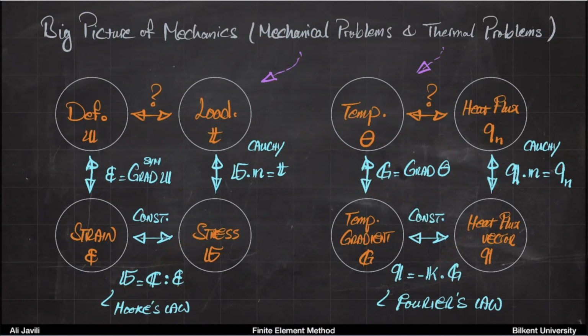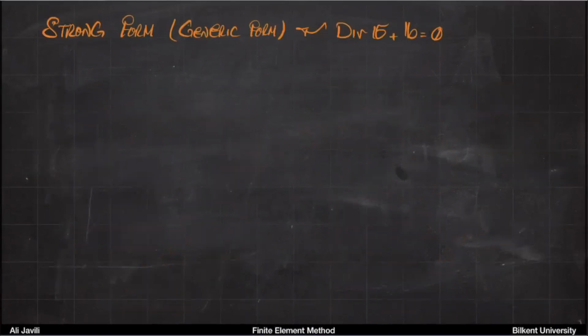Okay, so that's that. All right, with that, I come back to this slide, and remember we said this is the divergence of sigma plus B is 0. If you have a heat flux, then you can also say it's the divergence of Q, the heat flux, plus, I don't know, let's call it C is 0.